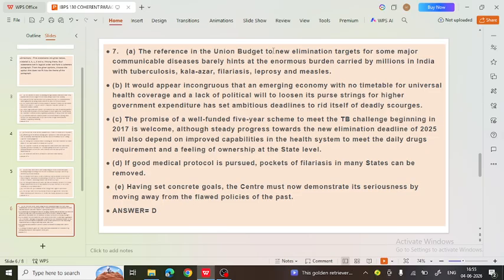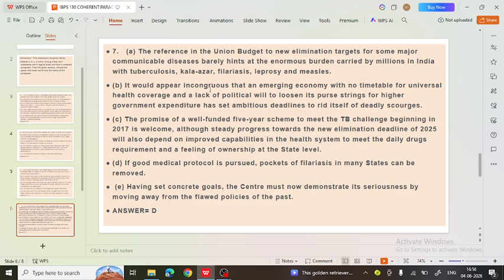The reference in union budget to new elimination target for some major communicable diseases barely hints at the enormous burden carried by millions in India with tuberculosis, kala azar, then the names of the diseases given here, filariasis, leprosy, and measles.